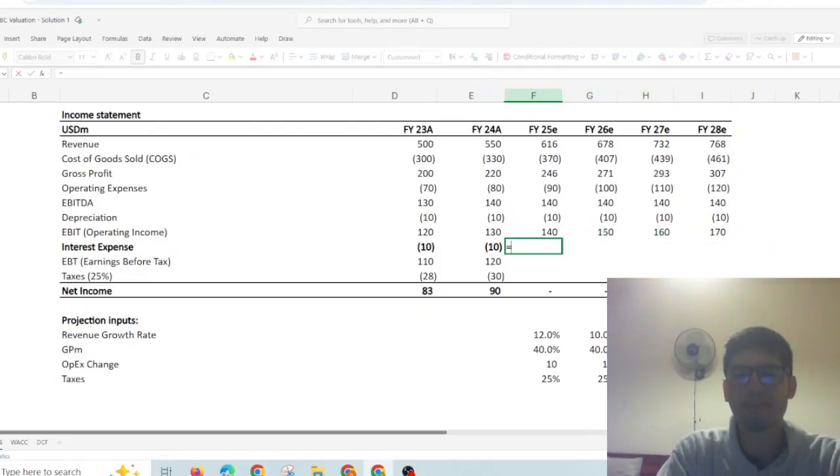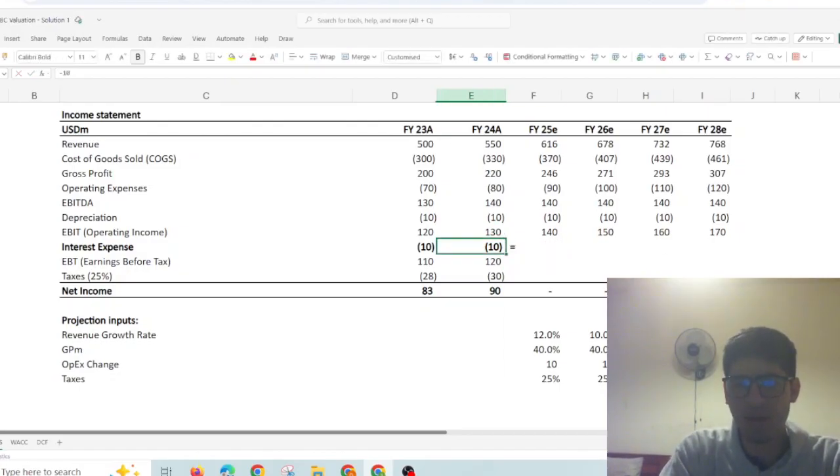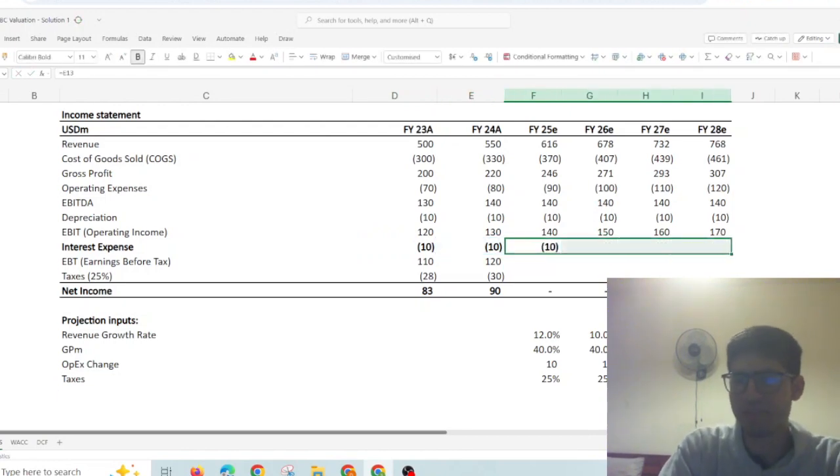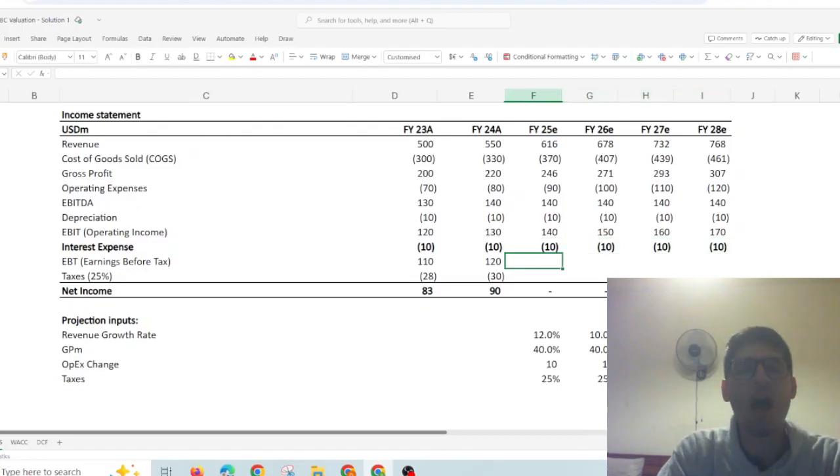The interest expense is minus $10 million. This is the interest expense, guys. So it's not a formula, it's an assumption that it will remain constant at $10 million.